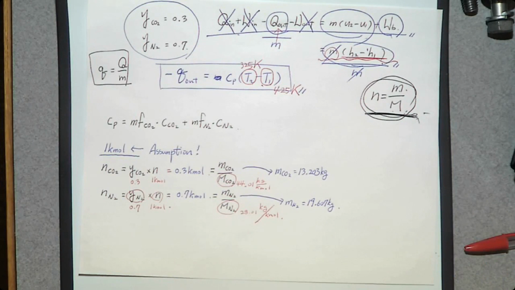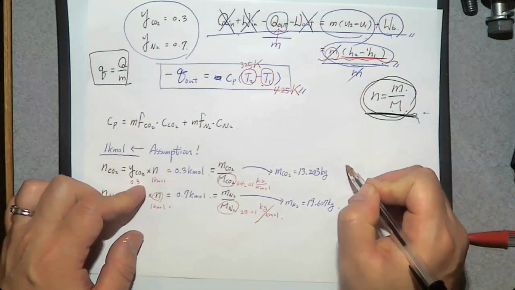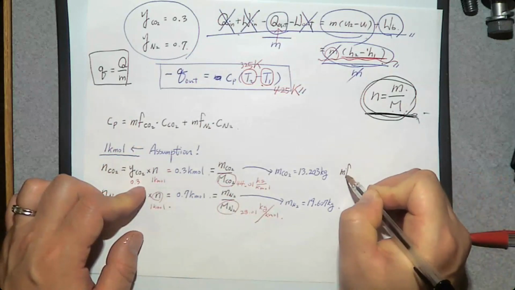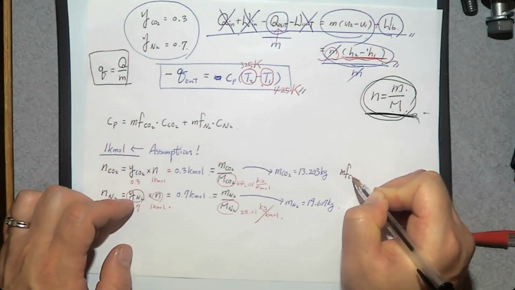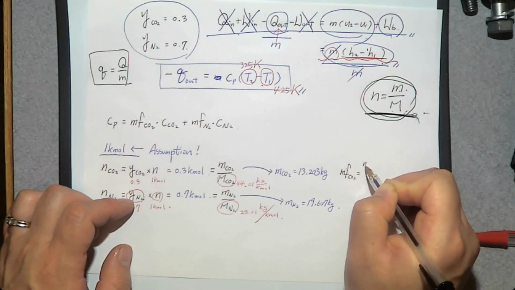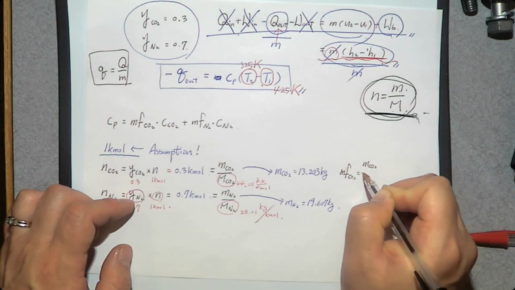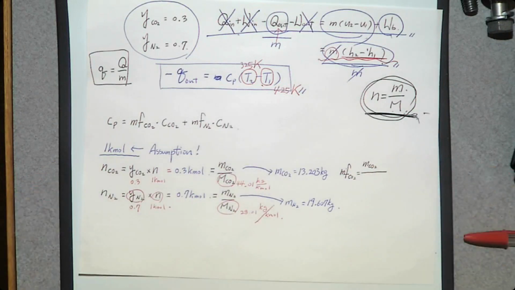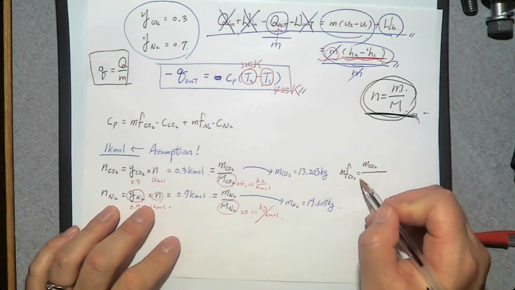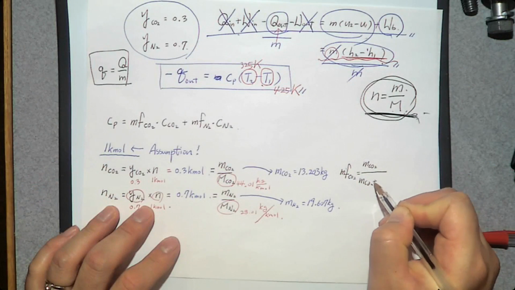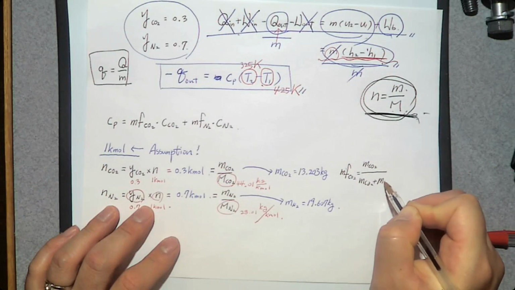How? Mass fraction is the mass of each component divided by the total mass. So the mass fraction of carbon dioxide can be determined by the mass of carbon dioxide divided by the total mass. How do you determine the total mass? This one plus this: mass of carbon dioxide plus mass of nitrogen.